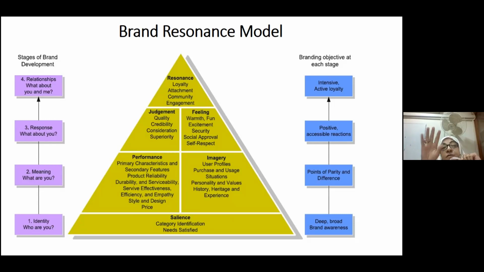If they already know about the performance and the imagery, now they will be judging the quality, and considering whether a particular brand should be bought because it is superior to others in the market or not.